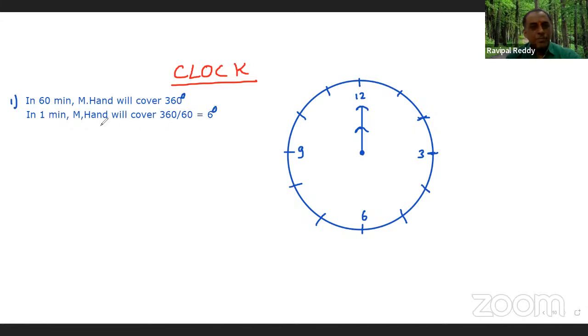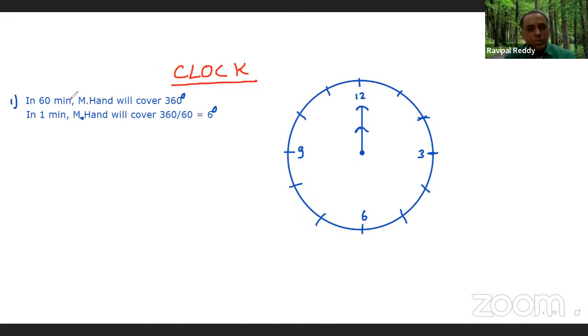In 60 minutes the minutes hand will cover 360 degree, because in 60 minutes it rotates one circle. Therefore, in 1 minute, the minutes hand will cover 360 by 60, that is 6 degree.